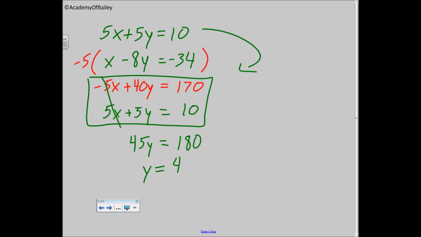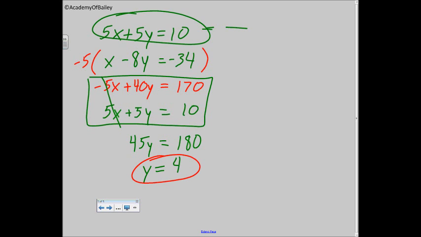Okie dokie then. We are moving right along. All right, let's take 5x plus 5y equals 10, or we could have used the bottom equation, x minus 8y equals negative 34, but I'm plugging in, remember, y is equal to 4. So if we have 5x plus 5y, but what's y?